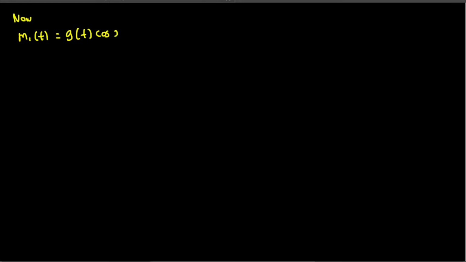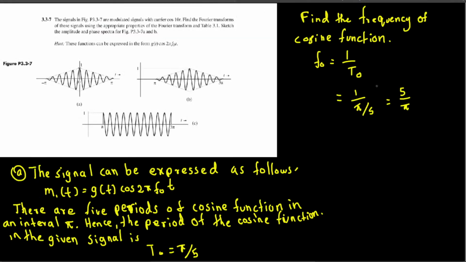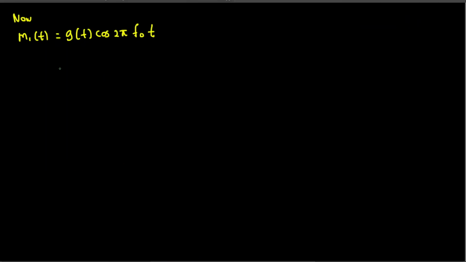Since we have found the f value, we can replace f naught with 5 over π. So it's going to be g(t) cos 2π, and instead of f naught I put 5 over π, and t.